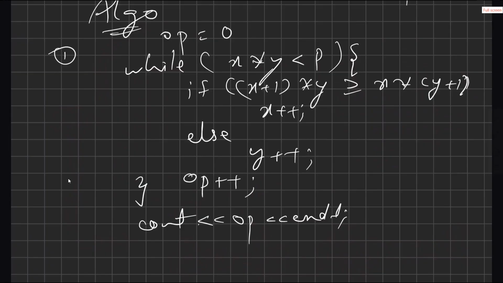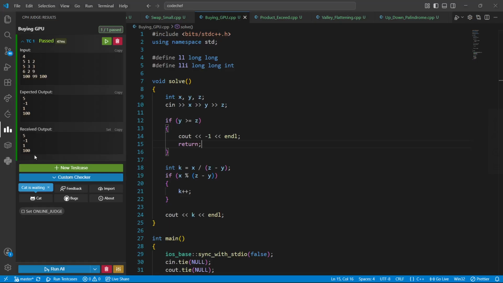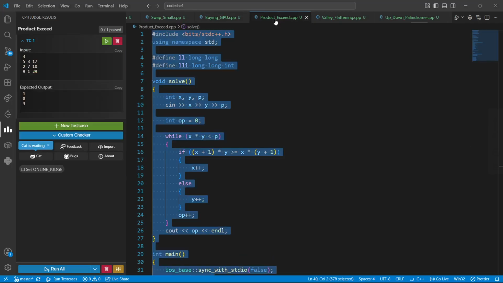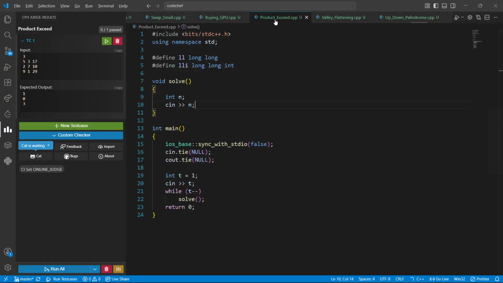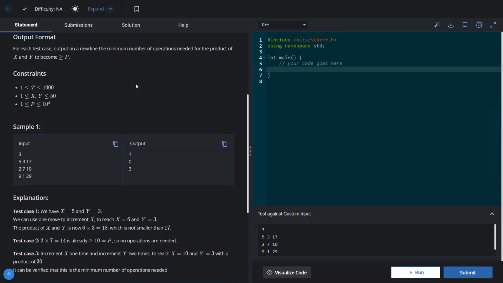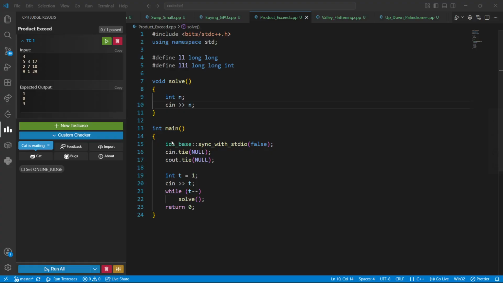Let's go to VS Code and code it up. The input has test cases, and for every test case we have x, y and p. The test cases are taken care of here, and for every test case we call a solve function with x, y and p.